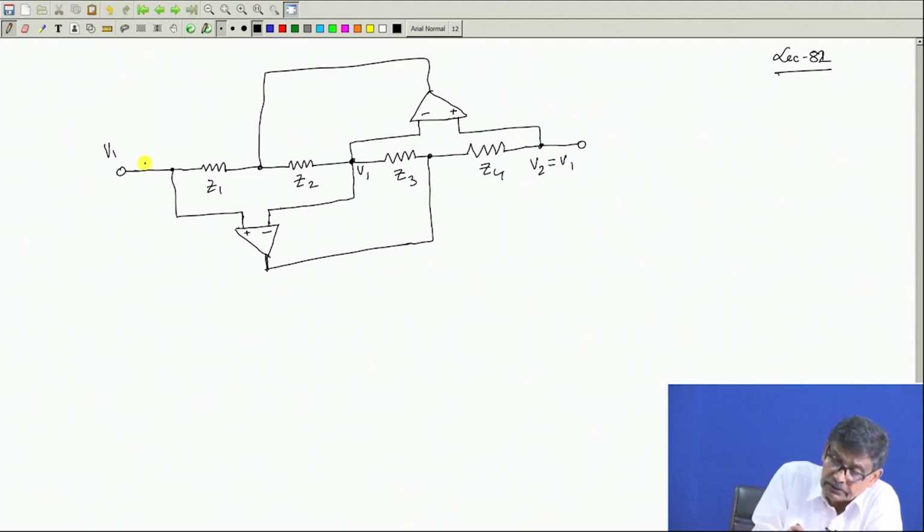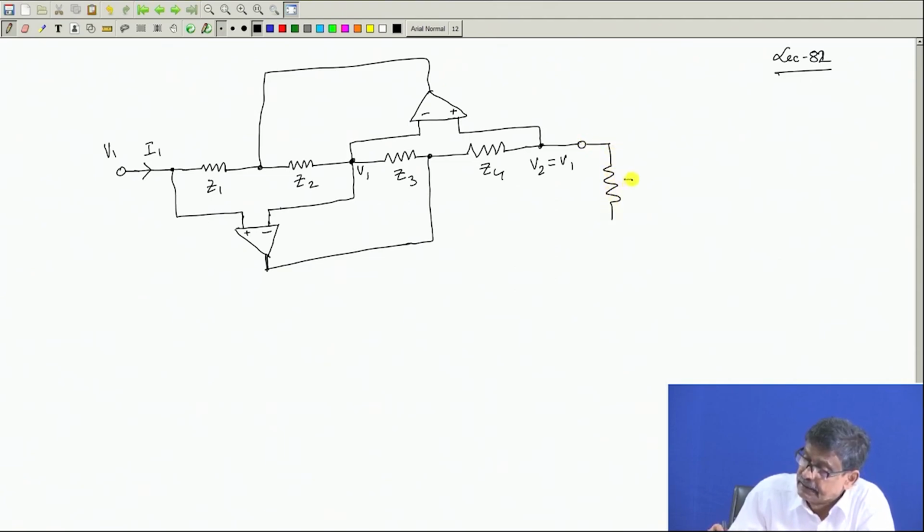Now, what we would like to do is to find out the impedance seen by this circuit, and what we will be doing here is that we will connect another impedance here, say Z5, which is grounded.